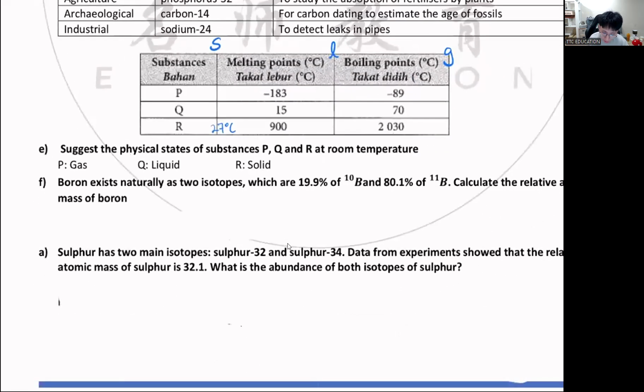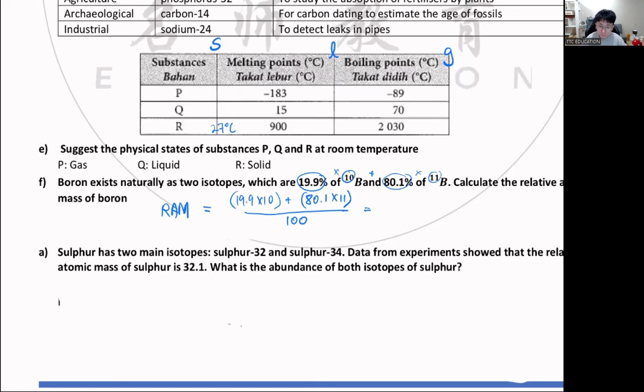The relative atomic mass is percentage multiplied by mass: 19.9 times 10 plus 80.1 times 11, then the whole thing divided by 100. That's how you calculate an average: percentage multiplied by mass, added together, divided by 100.